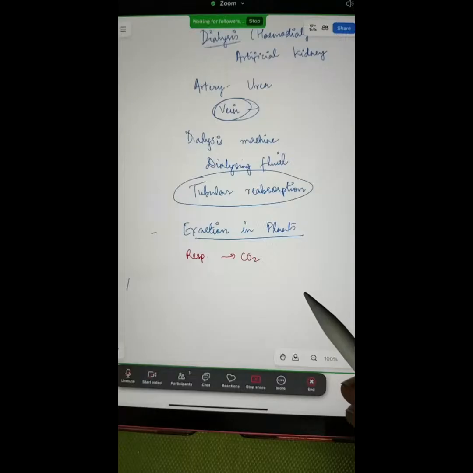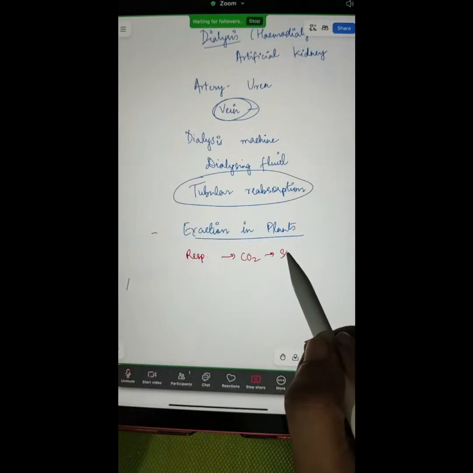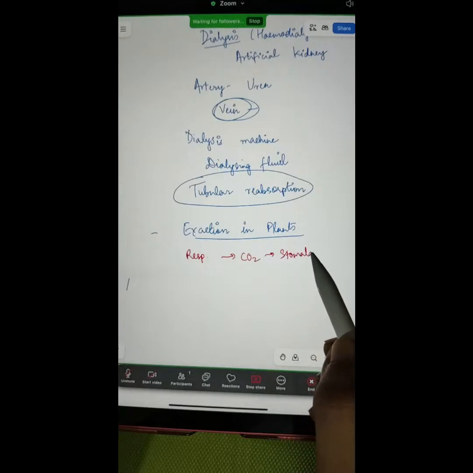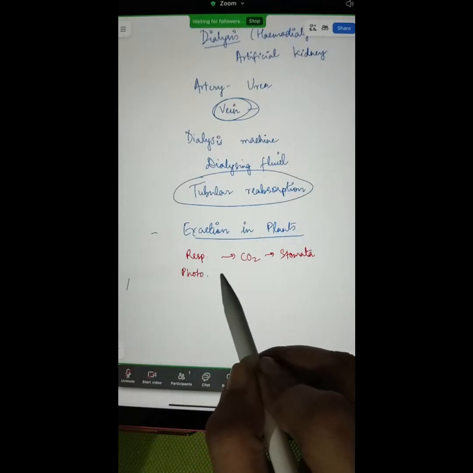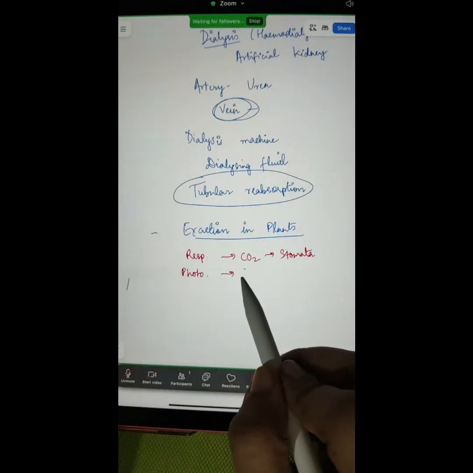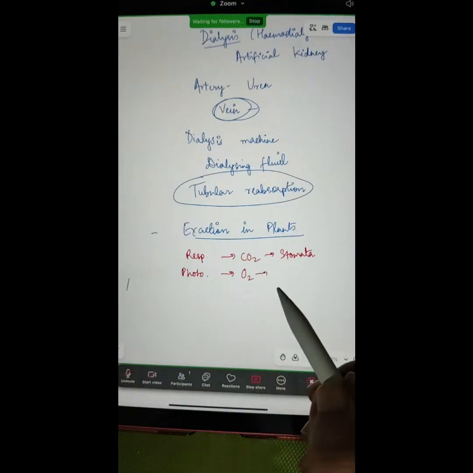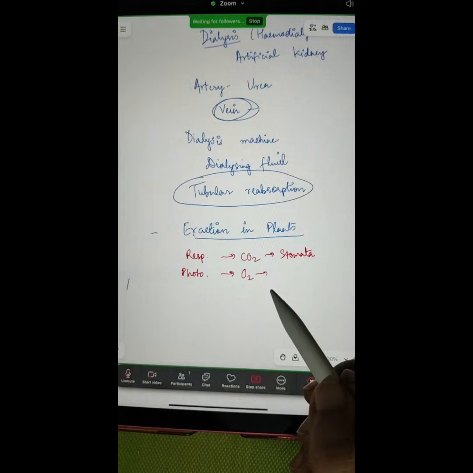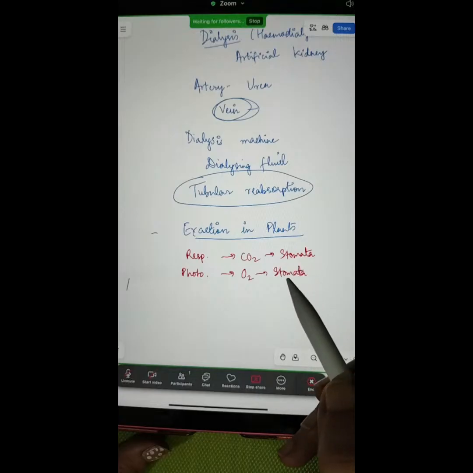So, CO2 is the excretory product, and you know that gaseous exchange occurs in the plant with the help of stomata. In case photosynthesis is happening, then the byproduct of photosynthesis is oxygen. So, this oxygen, which is produced as a byproduct of photosynthesis, will also move out with the help of stomata.